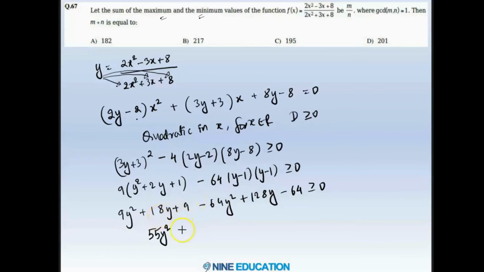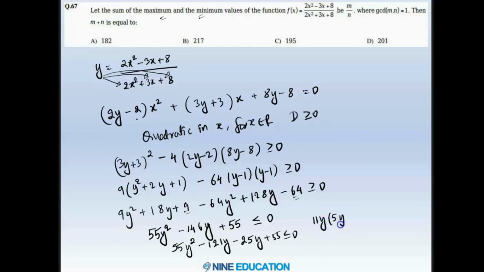Now this can be factorized as 55y² − 121y − 25y + 55 less than or equal to 0. I can take 11 common, so it will be 5y − 11, and then I can take −5 common, so we get 5y − 11 here also.